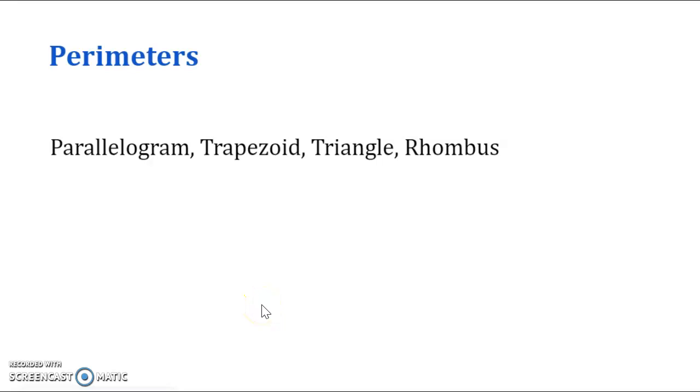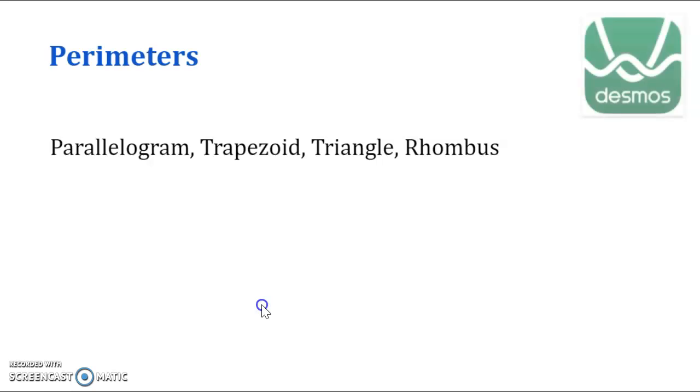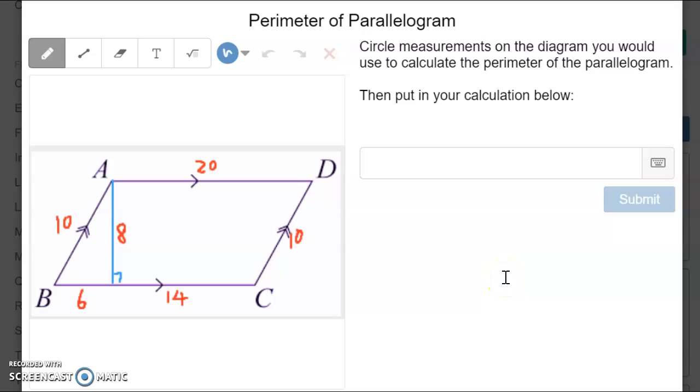Okay, last part, we are going to be working on perimeters of the parallelogram, trapezoid, triangle, and rhombus. To do that, you're working on the rest of the decimal set. Here we go. It says the perimeter of a parallelogram, so we are really looking for the outside length. Circle the measurements on the diagram you would use to calculate the perimeter. We are given a whole lot of information; which ones are going to be helpful?